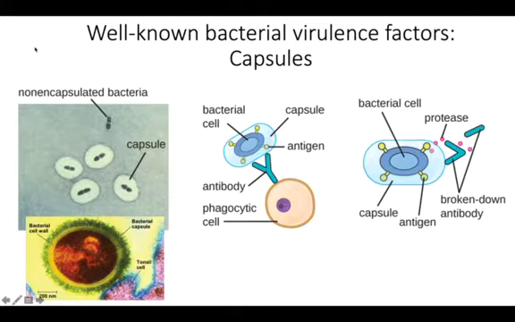They will not allow a phagocytic cell, a cell from the host immune system, to attach to the bacterial cell, because the capsule coating protects it and inhibits the phagocytic host cell from attaching. And if it can't attach, it won't be able to digest that bacterial cell.